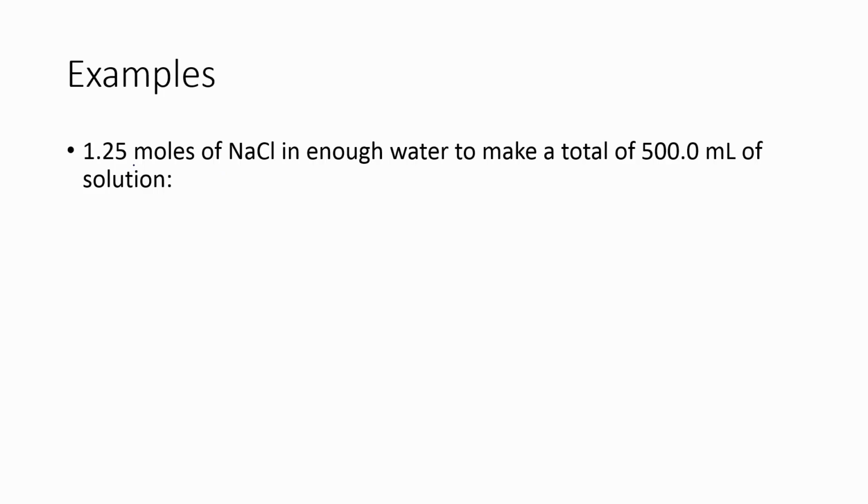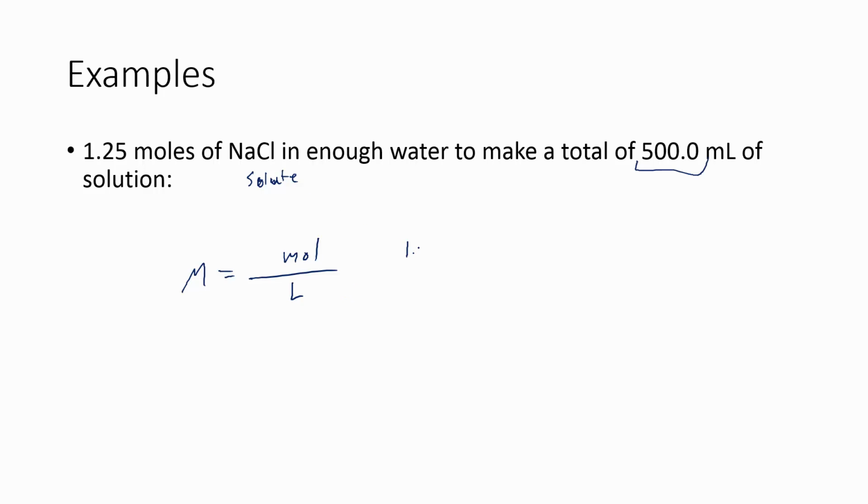If I had 1.25 moles of sodium chloride, that would be the solute, that's the smaller amount, and I add enough water to make the solution have a total of 500 milliliters of volume. So that's the solution volume. What is the molarity? Remember, it's moles per liter.